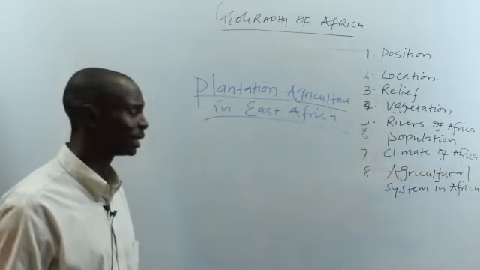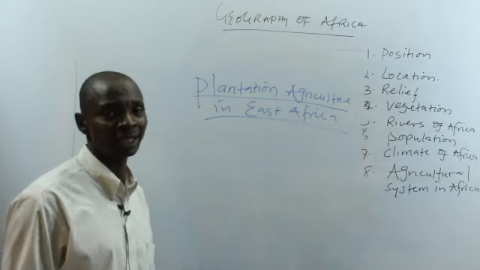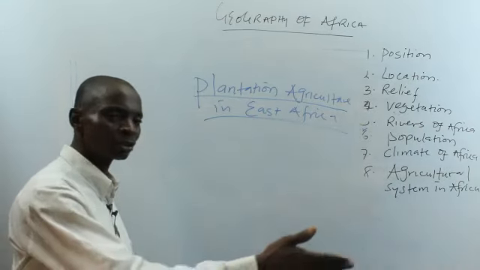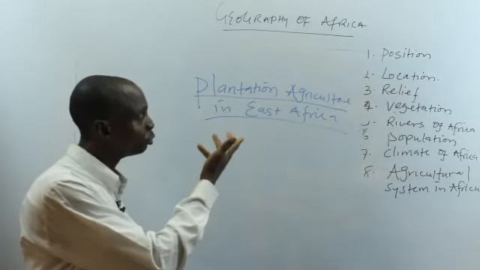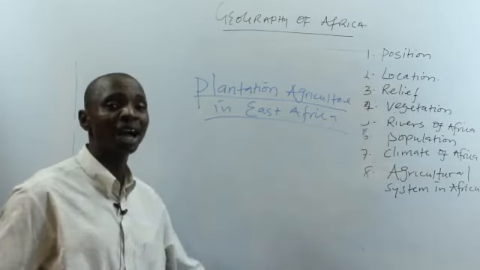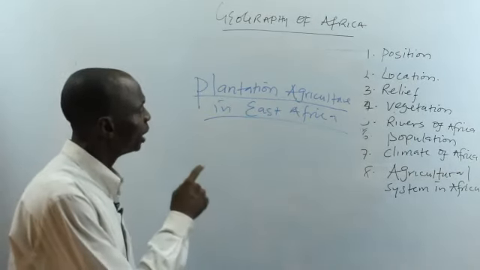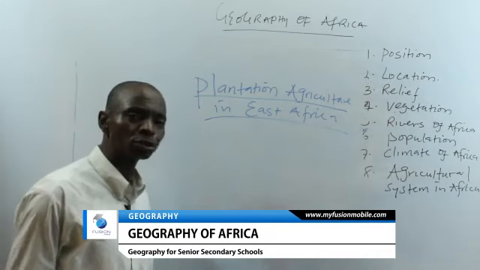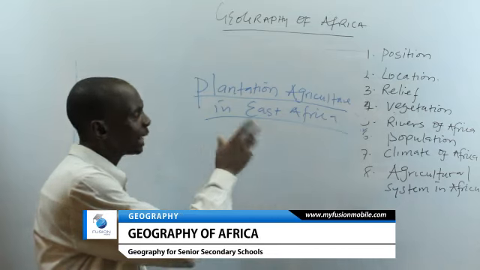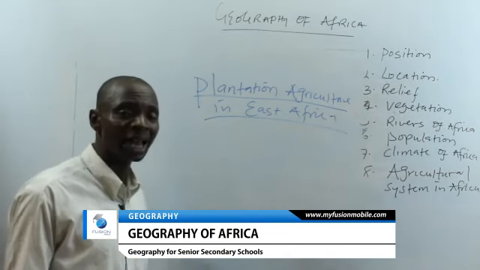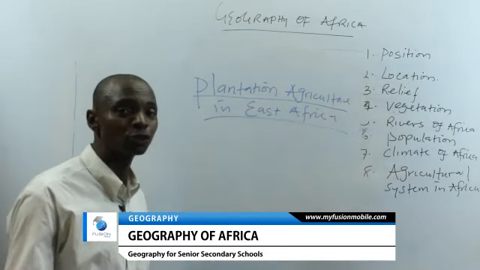What are the factors that encourage plantation agriculture? Number one, there must be enough land, because it is not maybe 1 to 3, 4 hectares of land. You now say you want to do plantation agriculture. You must have a large expanse of land to undergo plantation agriculture. Then number two, the crops you are embarking on must have a high demand, because when it comes out, it's going to come out in large quantity.